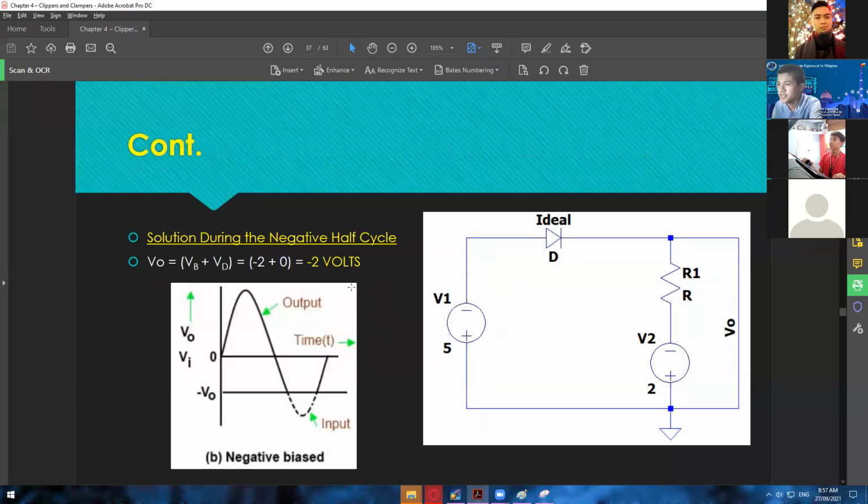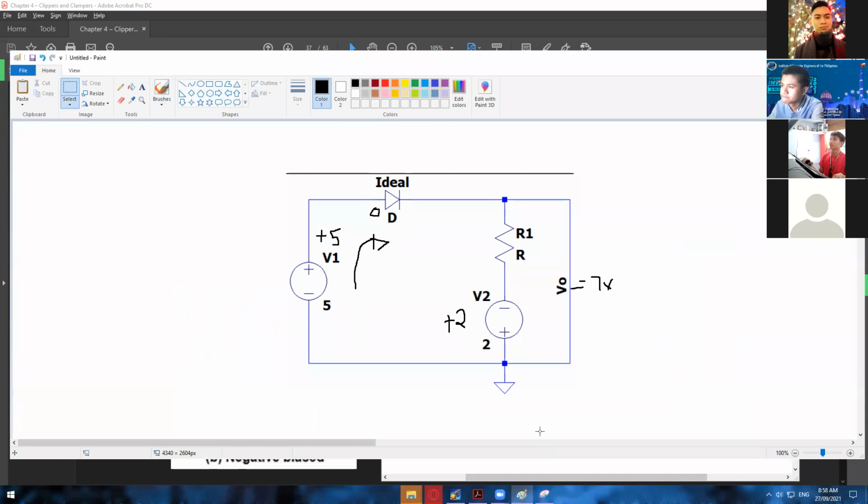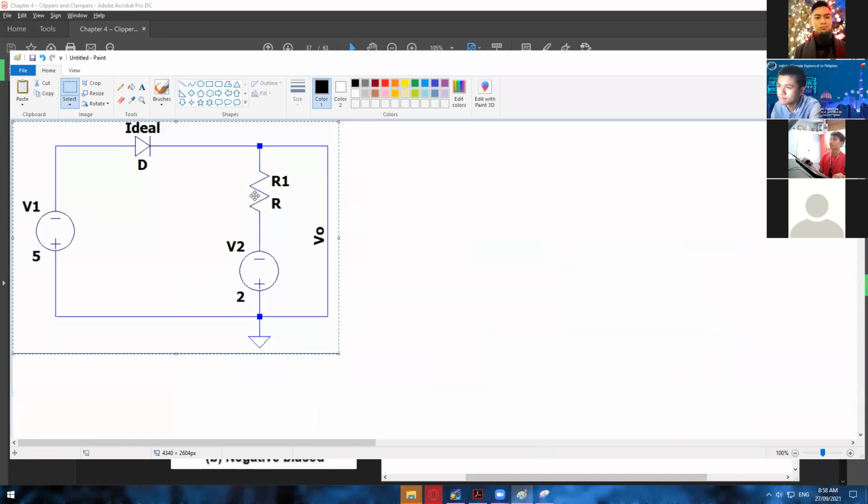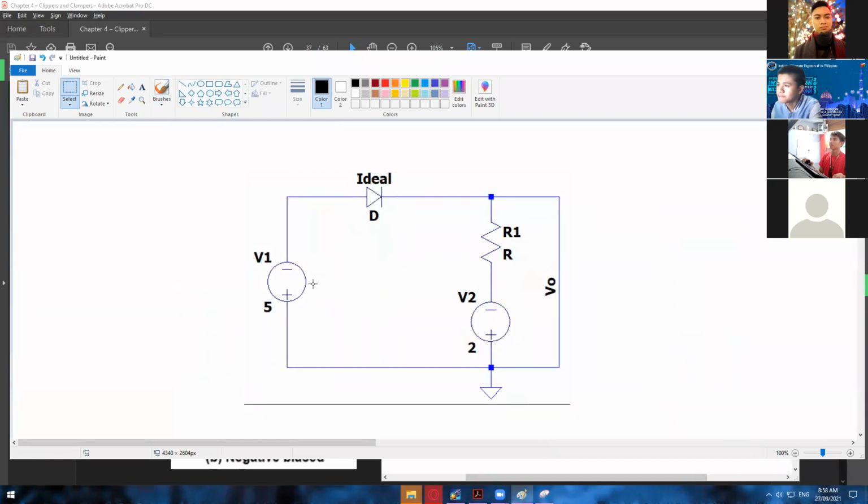And then during the negative half cycle, as you can see, we now have a value of negative 2 volts. How did we get that one? Let me just copy this one. Just check again the polarities of your voltages. We have negative to positive, positive to negative. So on this side, we have a reverse bias connection.